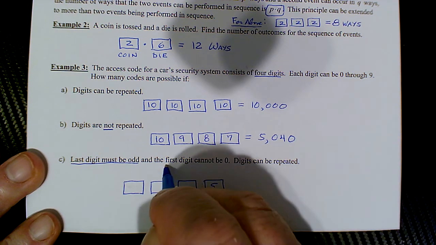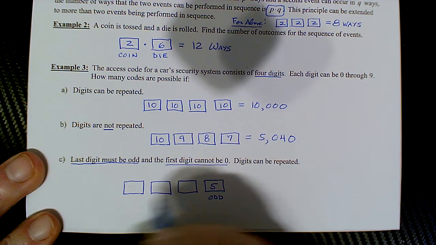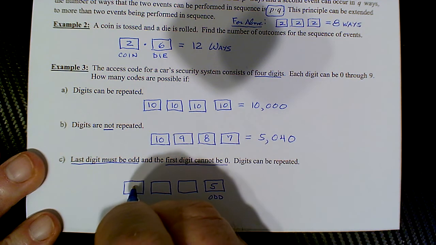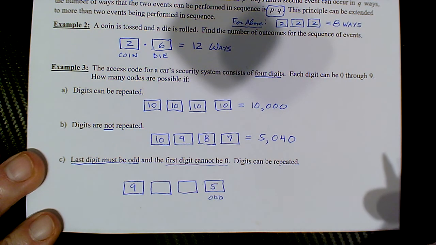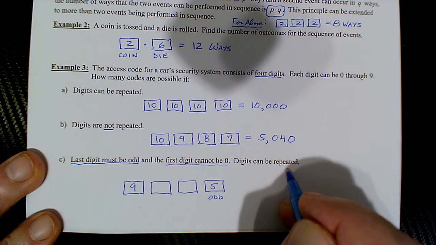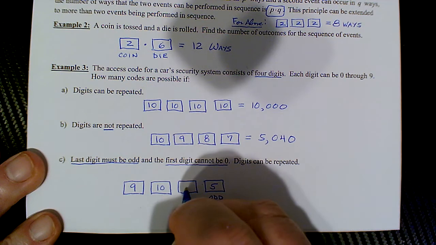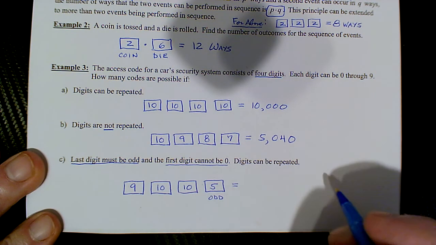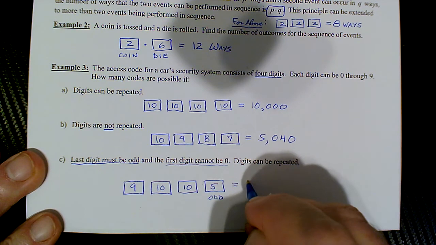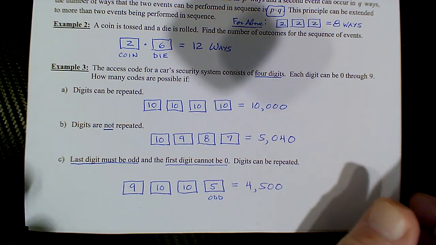It also says the first digit cannot be a 0. So if the first digit cannot be a 0, there's 9 digits to choose from in the first position. And then it goes on to say digits can be repeated, so there's really no restrictions on the 2 middle positions. You can put any one of the 10 digits in either of those positions. And multiplying, we get 4,500.